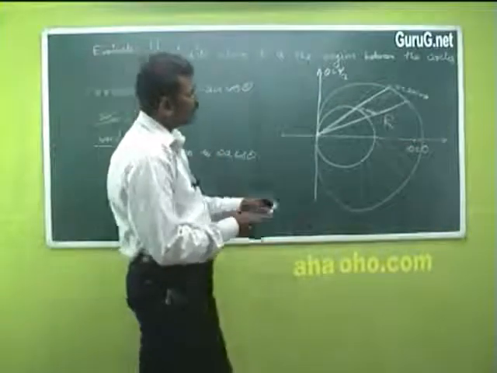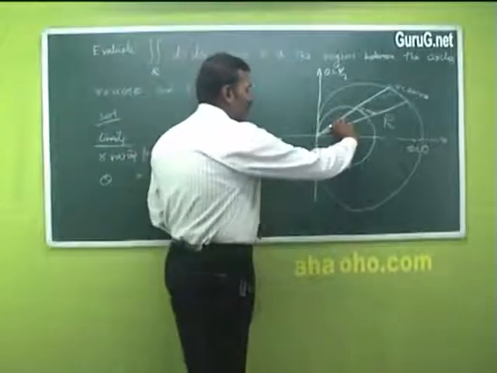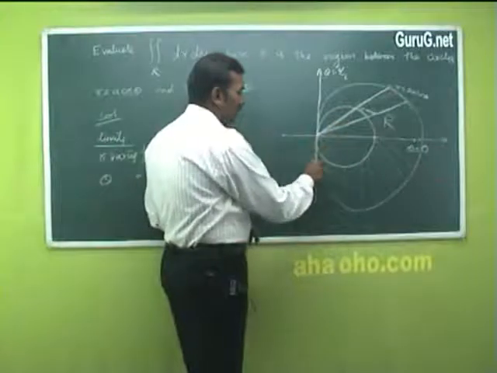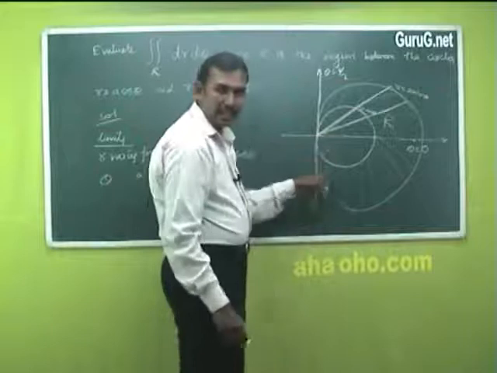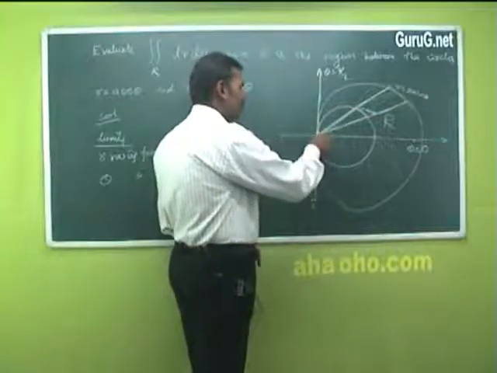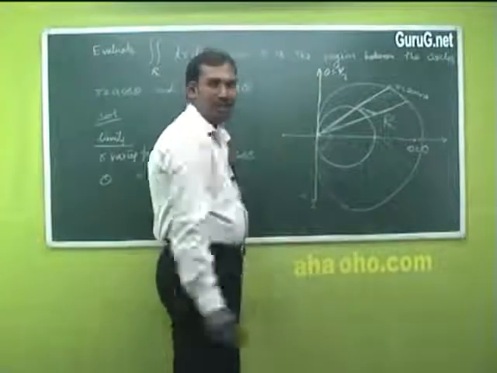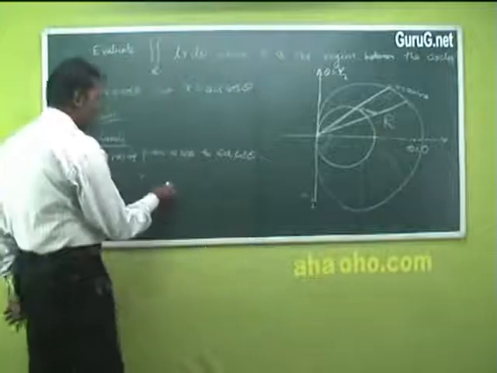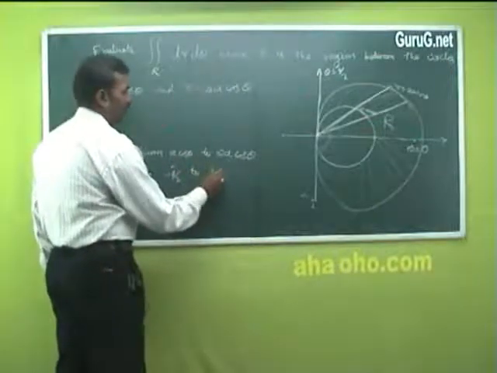So the radial strip, when the region rotates, what happens? This line is theta equal to minus pi by 2, isn't it? This line is theta equal to minus pi by 2. So the radial strip rotates, and as you keep rotating and reach here, what will it be? Theta equal to pi by 2. So theta varies from minus pi by 2 to plus pi by 2, right?